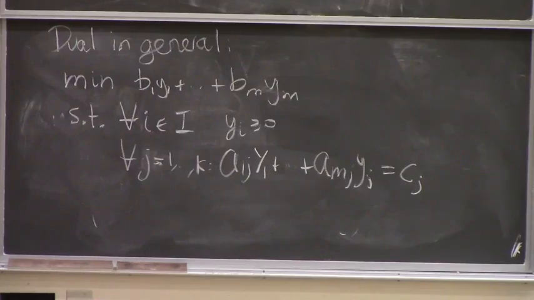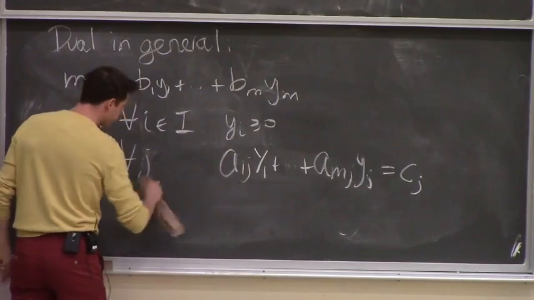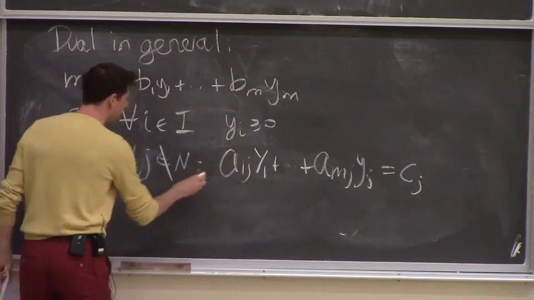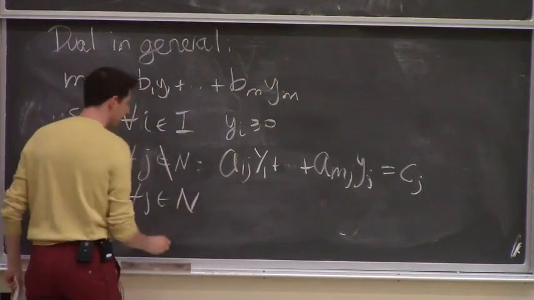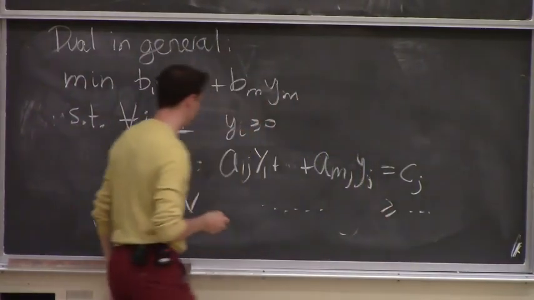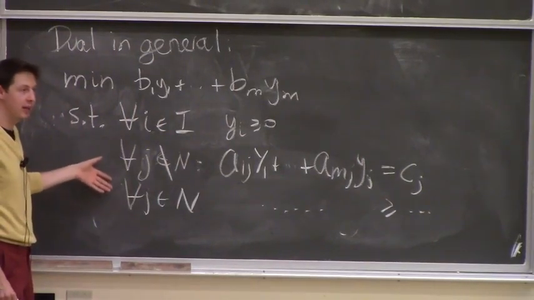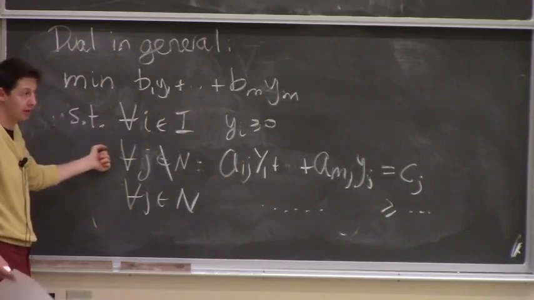Those in N. For those not in N, I don't do the relaxation because I can't. So instead of saying for every j from 1 to k, consider the j's that are not in N: for those, set it equal. For the j's that are in N, you get the same expression, and then you say at least Cj. I'm discriminating what I do on the coefficient Cj depending on whether xj was enforced to be non-negative.